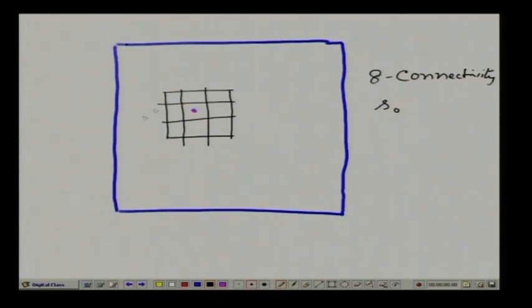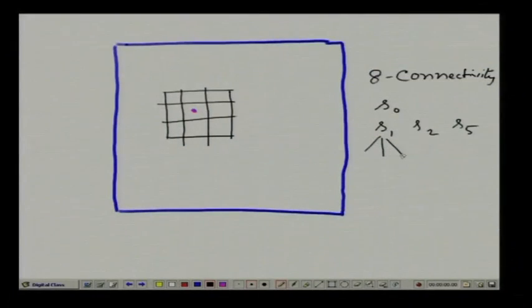Now, from its neighborhood I may find that the other points which can be put in the same group as this initial seed point S 0 are say S 1, S 2 and say S 5. Next time I start growing the region from S 1 itself, I find within this 3 by 3 neighborhood of S 1 following the same 8 connectivity, what are the points which are similar to S 1, and this similarity can be based on the intensity difference.